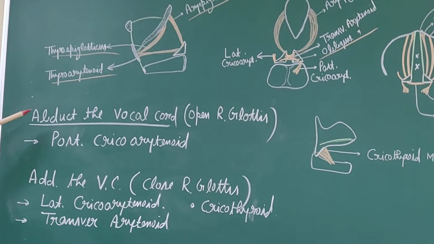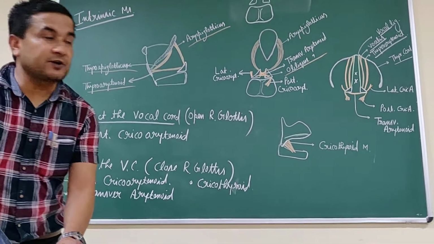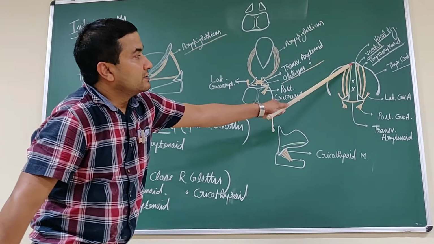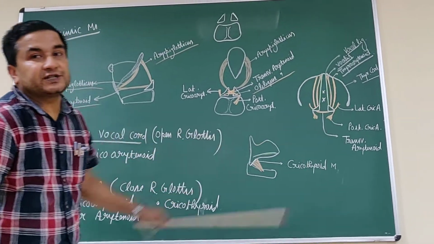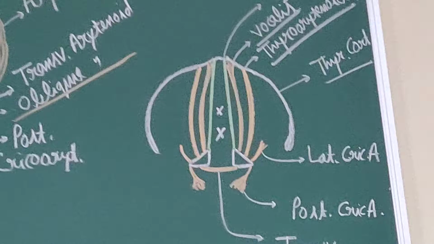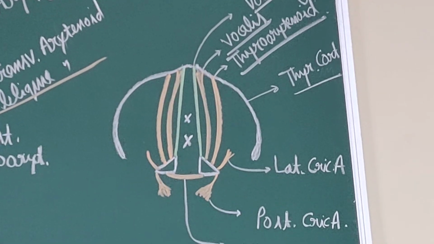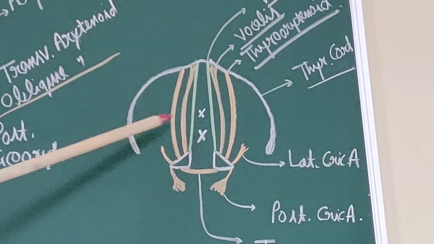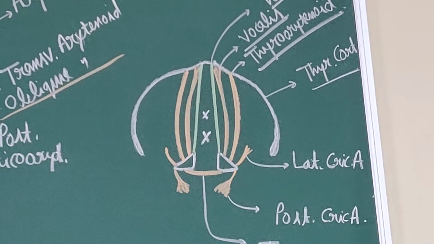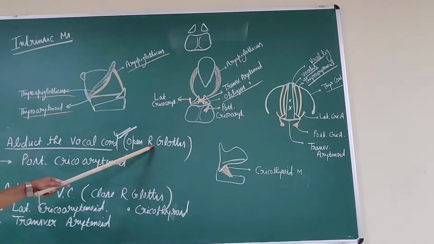Now the muscles that abduct the vocal cord. This is the vocal cord, the green structures. In between the green structures, this space is the rima glottis. Abduct means they separate away, move laterally, so they open the rima glottis.